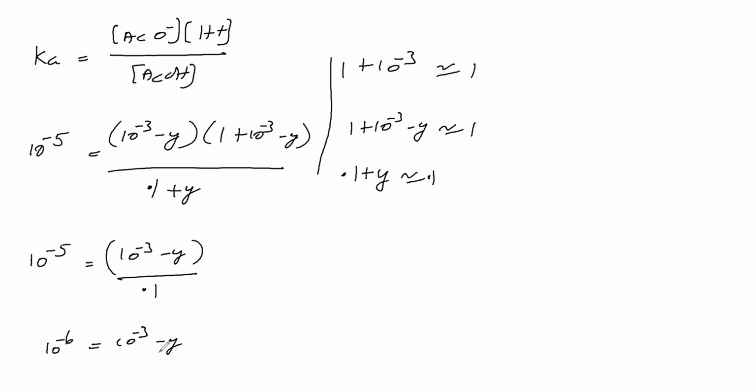That means 10 power minus 3 minus y is also nearly equal to 10 power minus 3, because of how this expression is. What we have done is, this acetate concentration is nearly equal to 10 power minus 3 molar, this H plus concentration is nearly equal to 1 molar, and this is nearly equal to 0.1 molar. Isn't it?